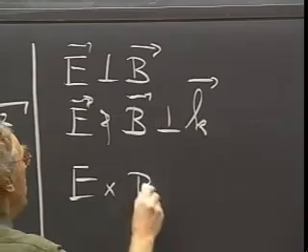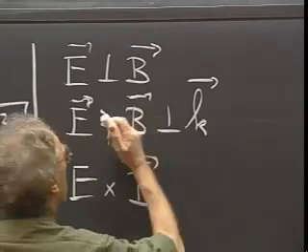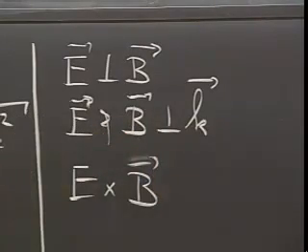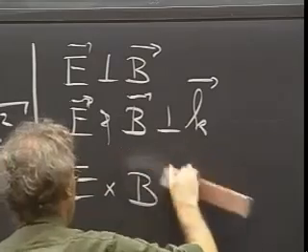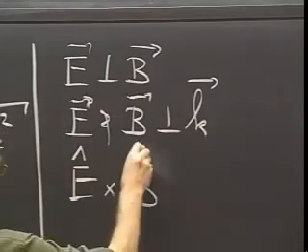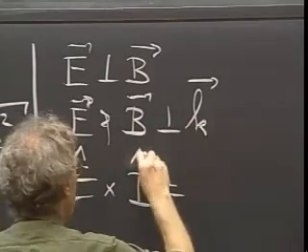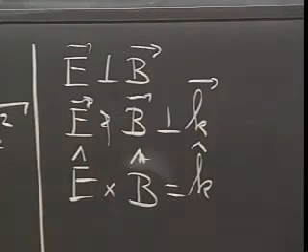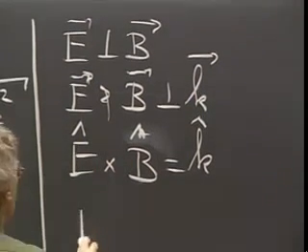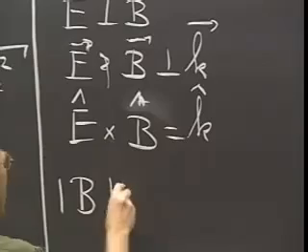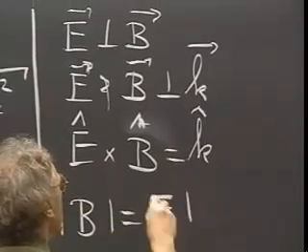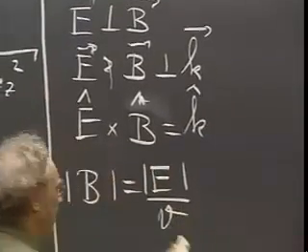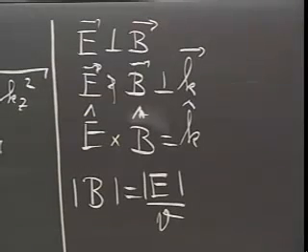Therefore, E cross B, let me give that unit vectors, E cross B is k roof. The Poynting vector, remember, goes in the direction of k. The magnitude of B at any moment in time in a traveling wave is the magnitude of E divided by v, which can be c, of course.